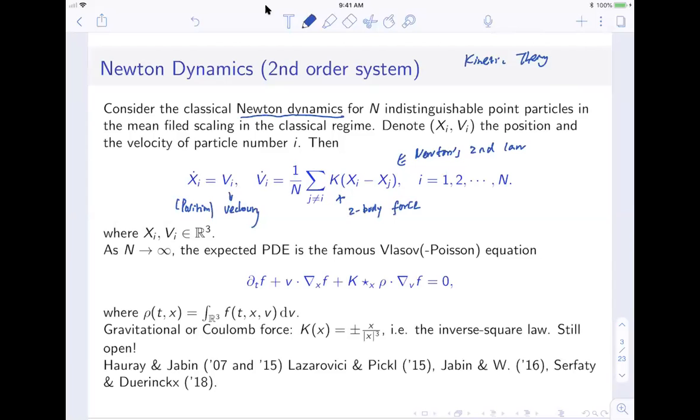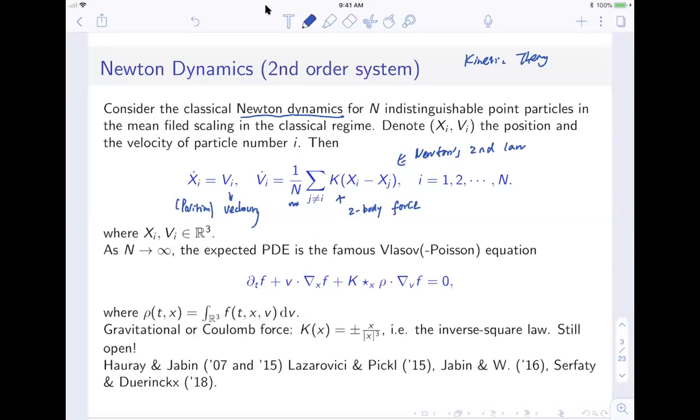Okay, so we have n particles, and you can formally think of this as mass, but actually it's not. But you can think of the mass of each individual particle as 1 over n. The interaction from one individual is on the order of 1 over n, which can be negligible. And we call this scaling the mean field scaling.